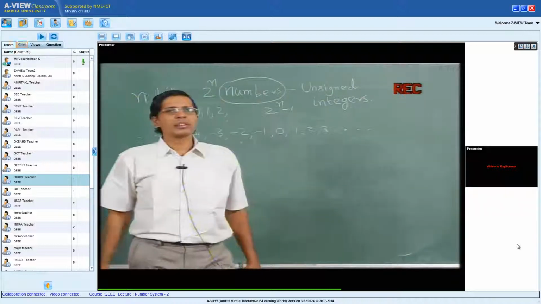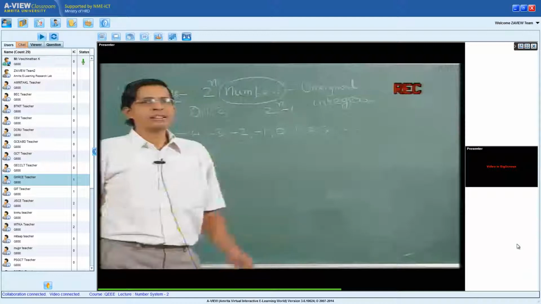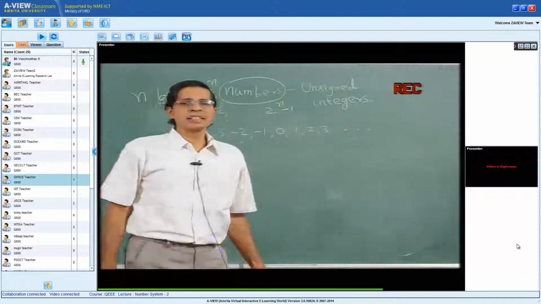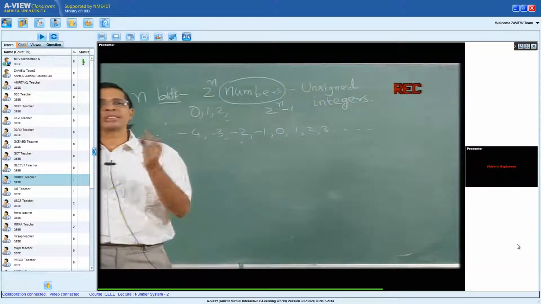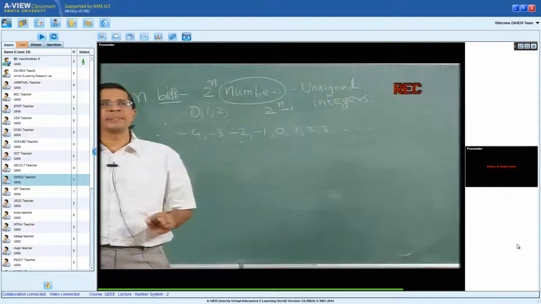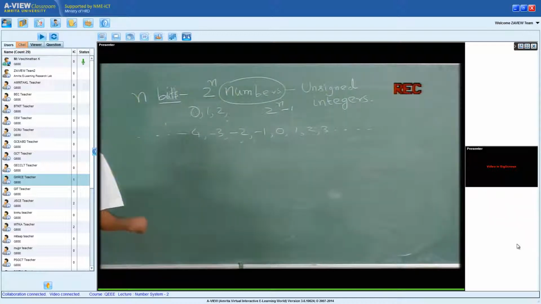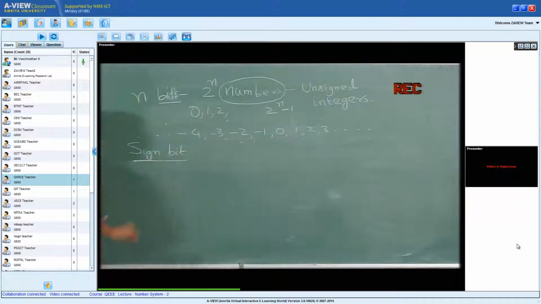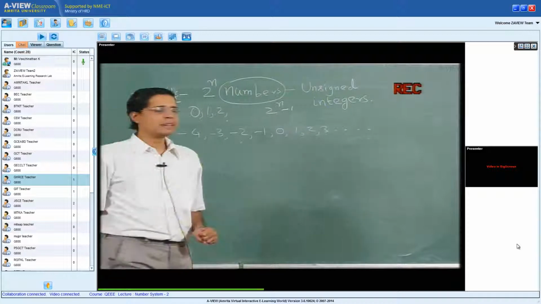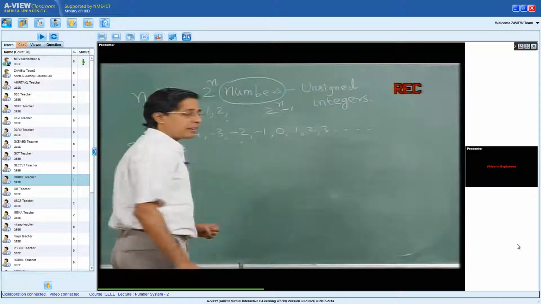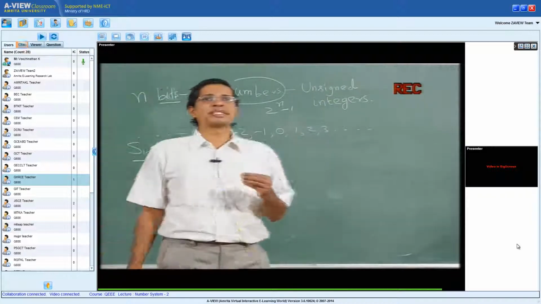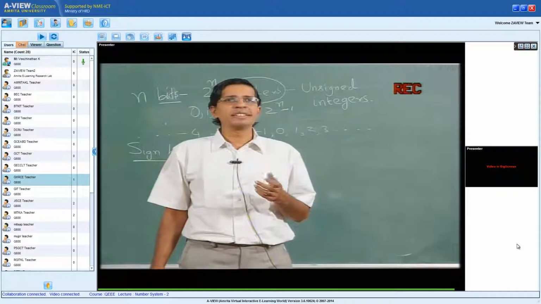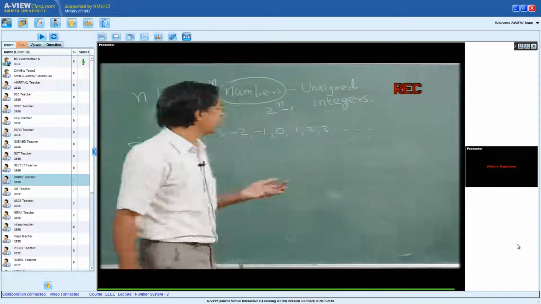So in the number representation, I need to associate at least one bit which I call the sign bit. And the most obvious choice for this sign bit is the most significant bit.